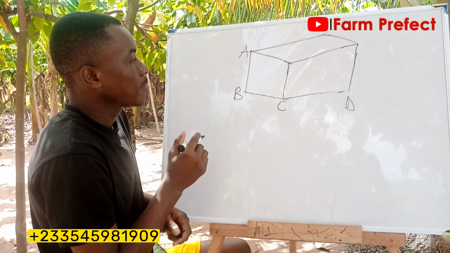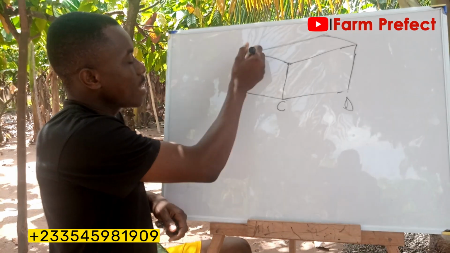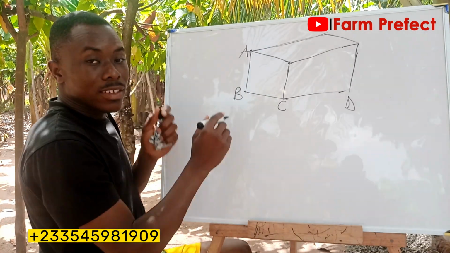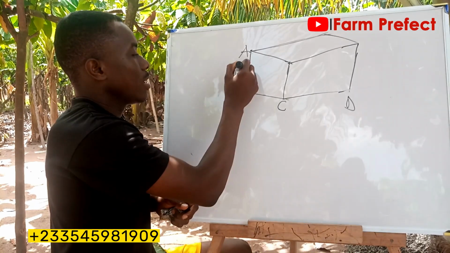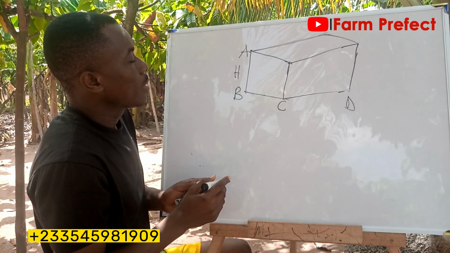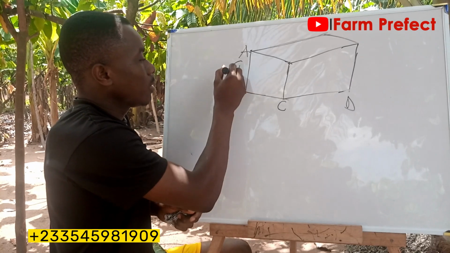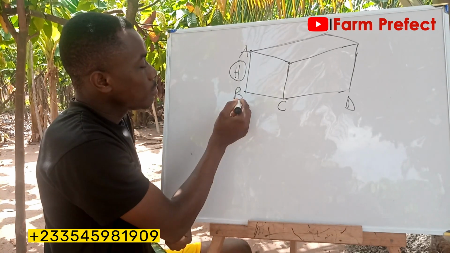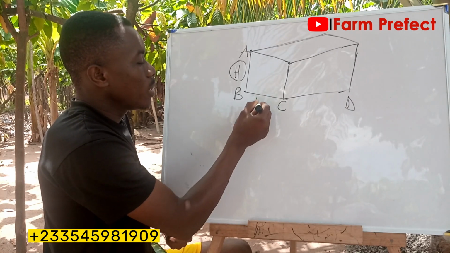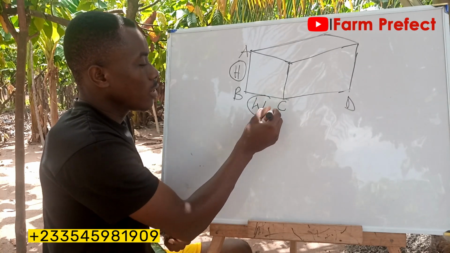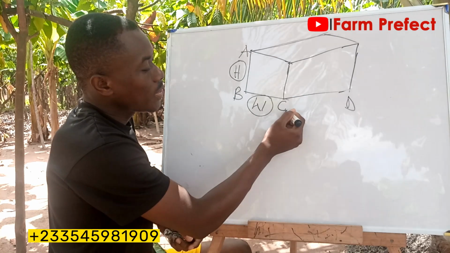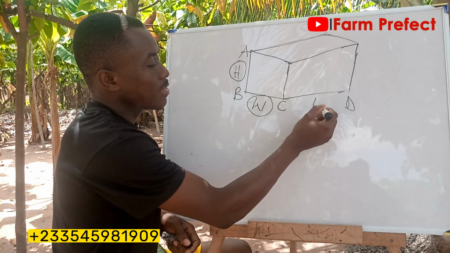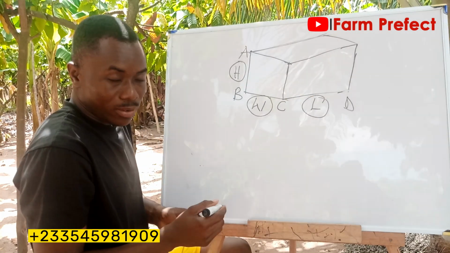Please watch carefully. From point A to B is the height, which we will represent with H. Then from point B to C is the width, which we will represent with a W. Then from point C to D is the length, which we will represent with L.